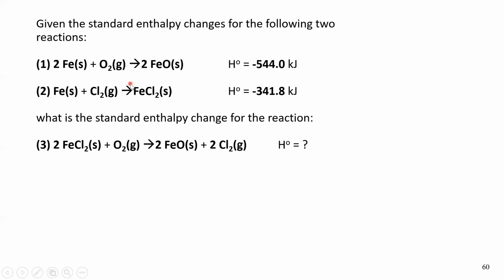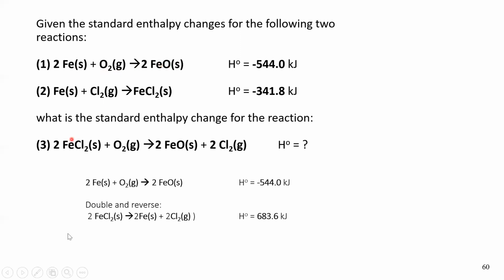So that means we're going to need to flip this second reaction around in order to get that iron 2 chloride onto the side we need it on. So we'll leave the first reaction the way it is. We're going to flip the second reaction around. And again, the reason we're going to flip it around is so that this FeCl2 ends up on the reactant side.